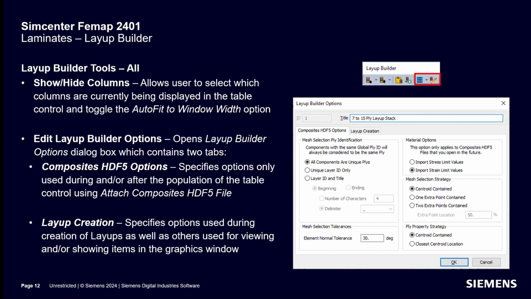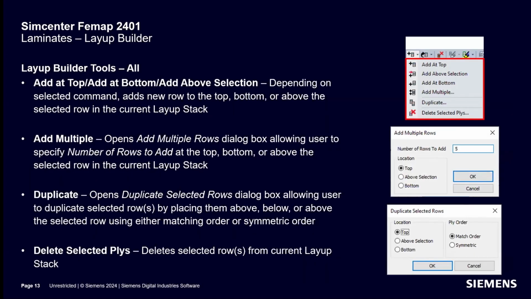There's an icon that you can click that'll take you to Layup Builder options, and then you have a number of options that you can pick for composites HDF5 options or just layup creation in general. So you can tweak what it's doing, but hopefully we've picked a bunch of defaults that will help out 95% of the time. But if you just need to tweak, you can go in there and change some things.